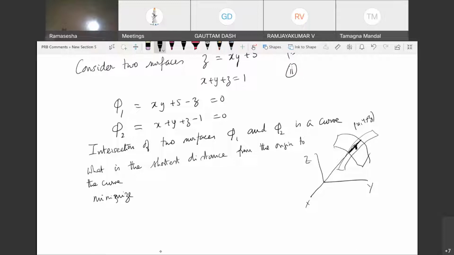The distance is given by the square root of x squared plus y squared plus z squared. So if R squared is minimum, R is also minimum. So I want to minimize f with respect to x, y, and z, subject to the constraints p1 equal to 0 and p2 equal to 0.